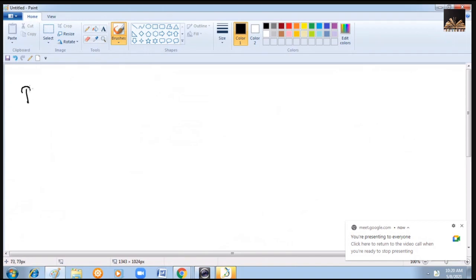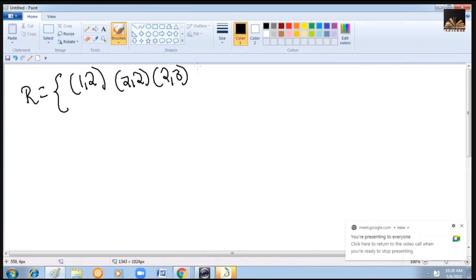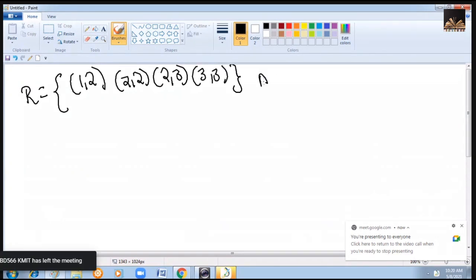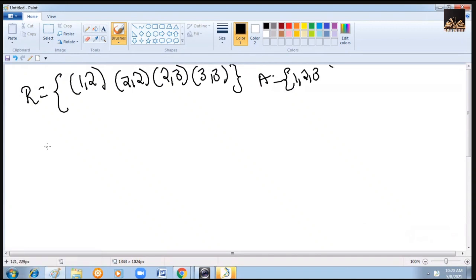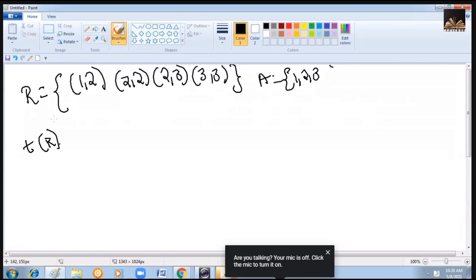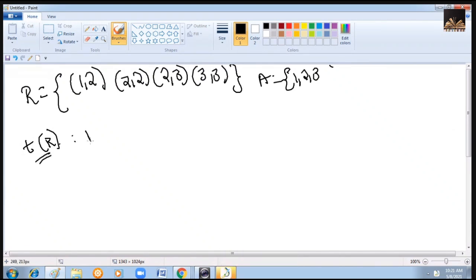Consider a relation R containing the elements (1,2), (2,2), (2,3), (3,3) on a set A equal to {1,2,3}. Now find the transitive closure, T of R or R star.